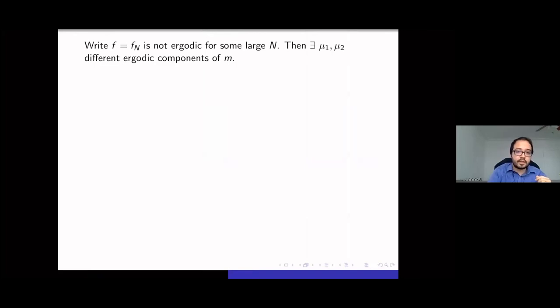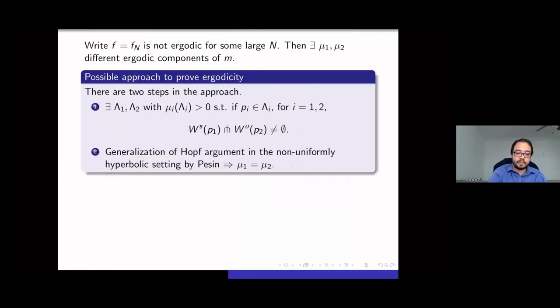Okay, so let me try to describe now what the type of strategy will be. We want to prove that, so we're just going to focus on the proof of the example itself being ergodic. If the example is not ergodic for some large n, then you should have at least two different ergodic components of volume.